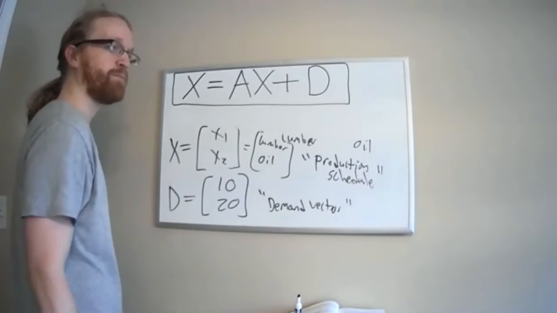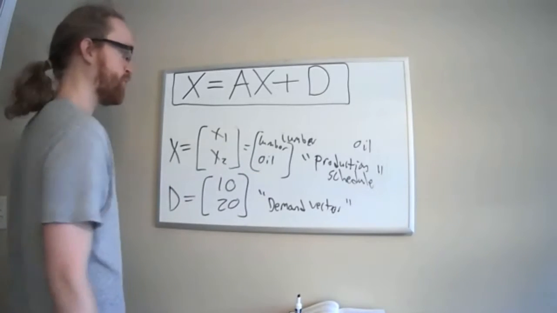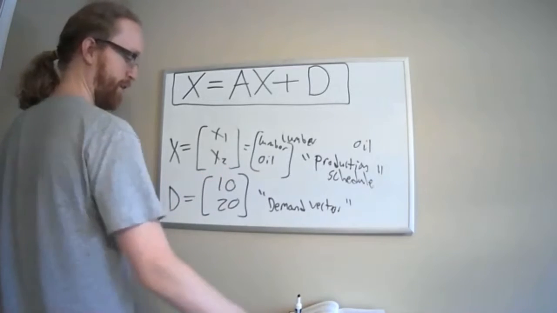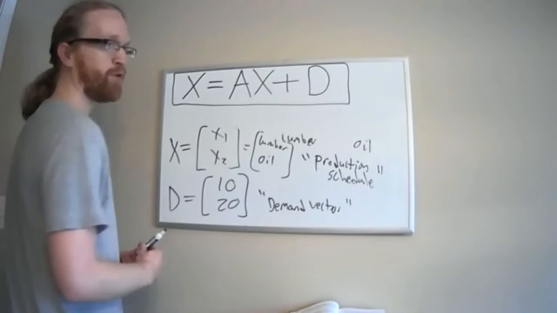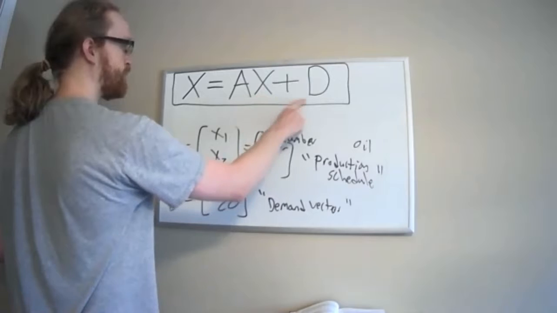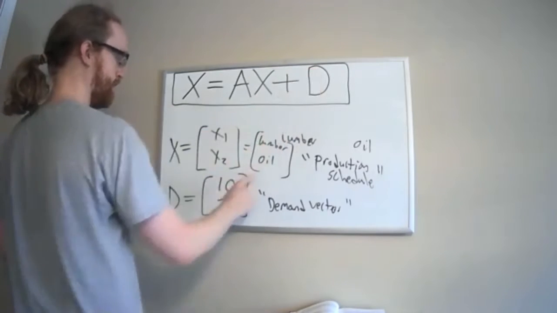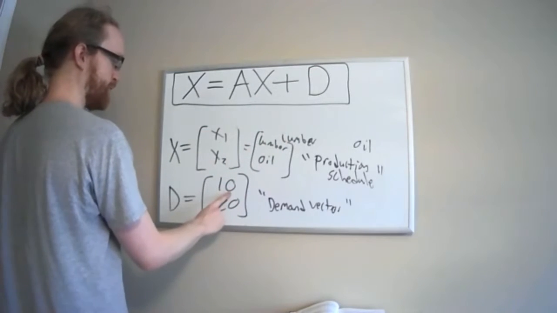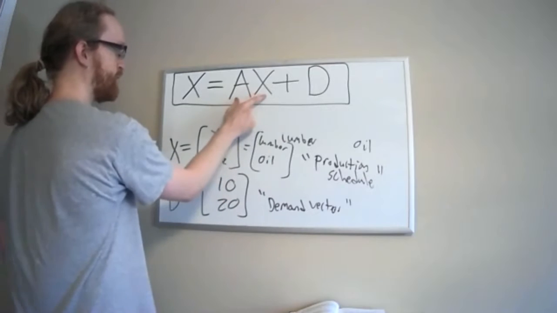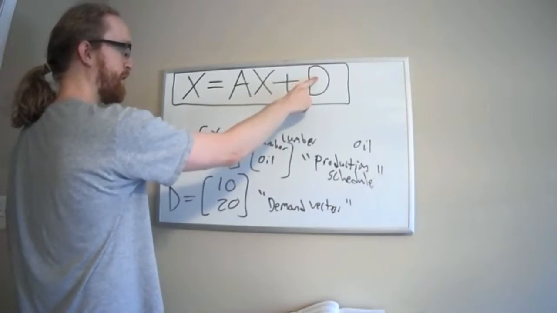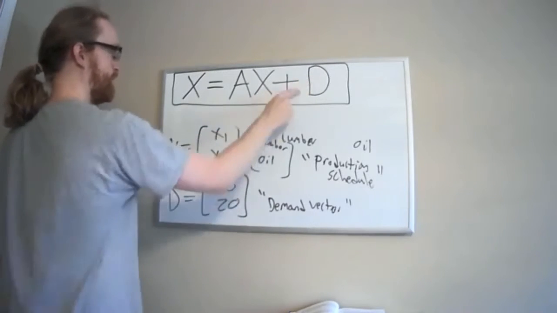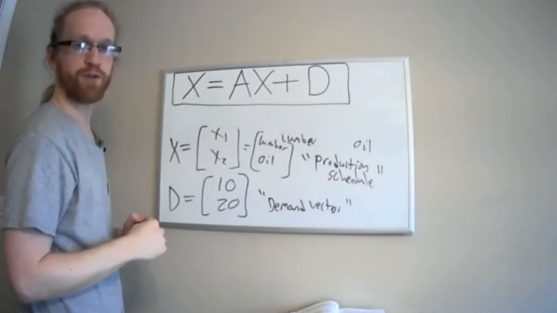And that's going to represent how much lumber and oil is needed to produce lumber. AKA, it's going to tell me how much extra lumber I need, in addition to, if I add in this D, the amount of lumber that I want. And that's going to tell me my production schedule.